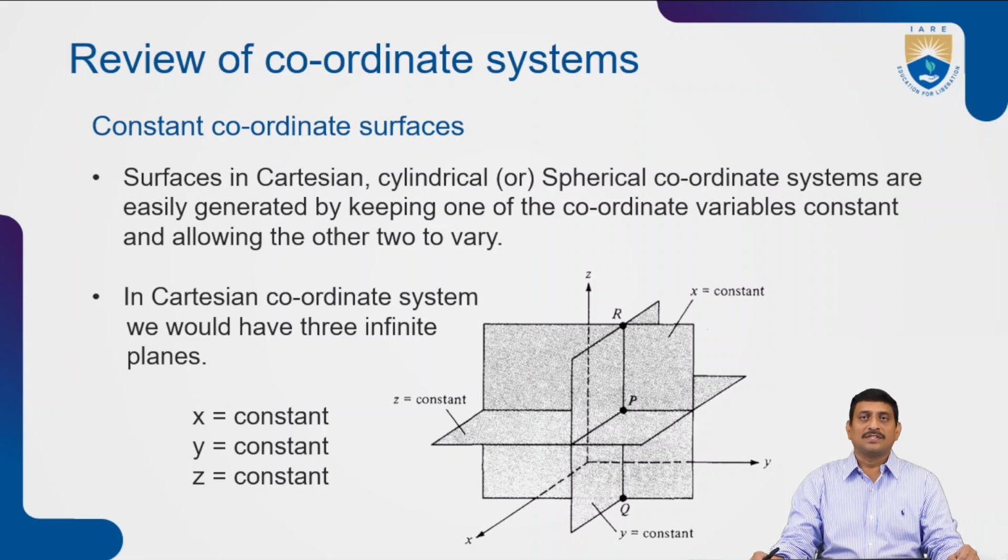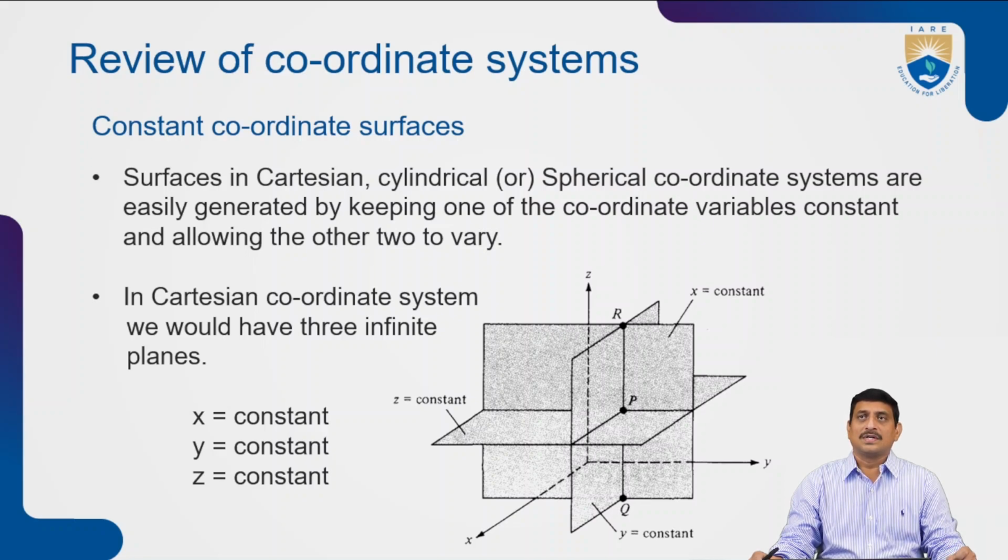If it is an xy plane, z is equal to constant; if it is a yz plane, x is equal to constant. So for the constant surfaces, two variables are varying and one variable is constant.